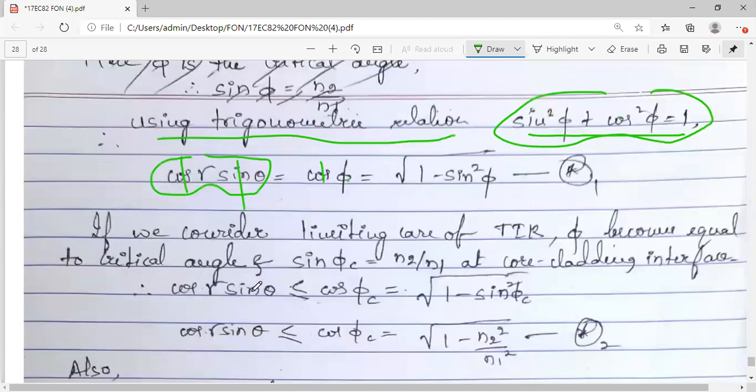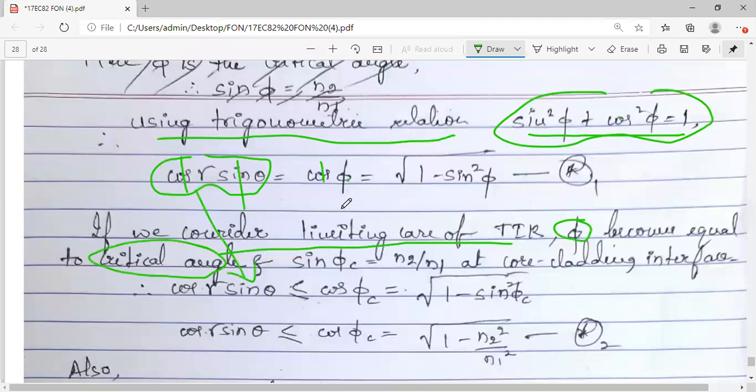After that, I will make use of the limiting case of total internal reflection. According to the limiting case of total internal reflection, phi will become equal to the critical angle. So wherever phi is there, I will replace phi with phi c. So what will be LHS?